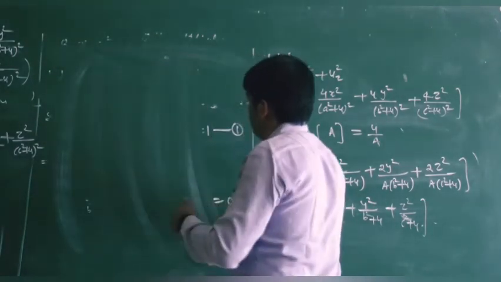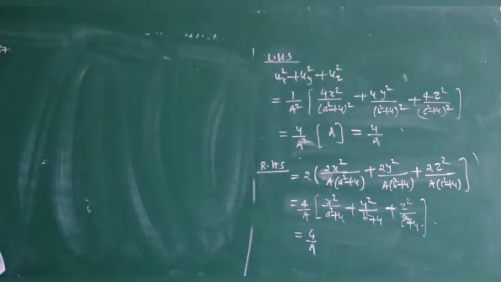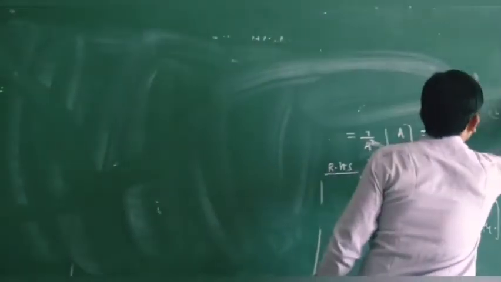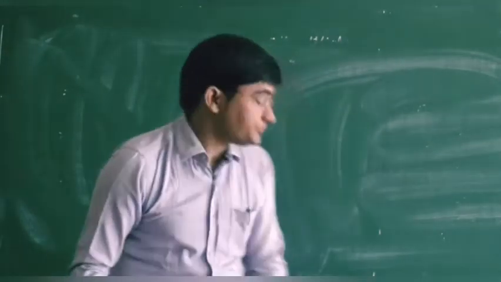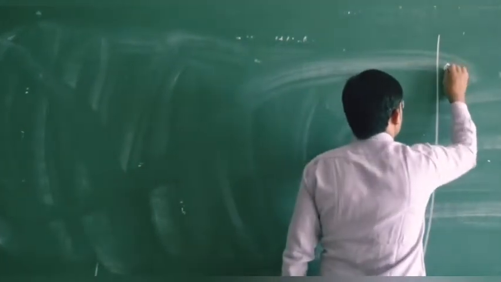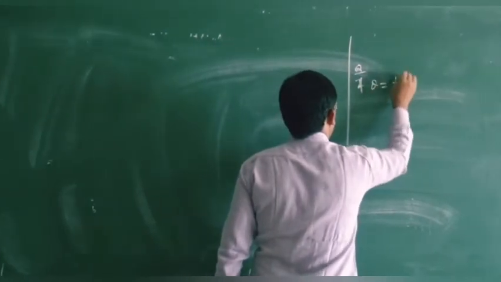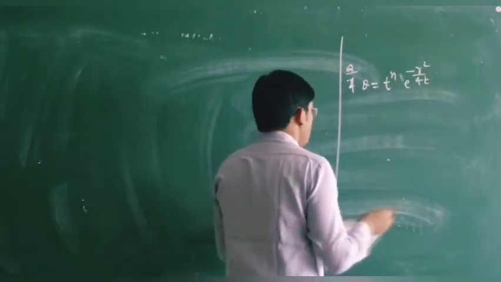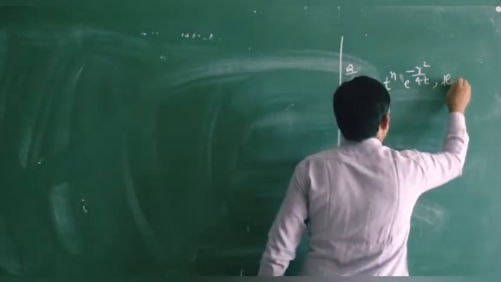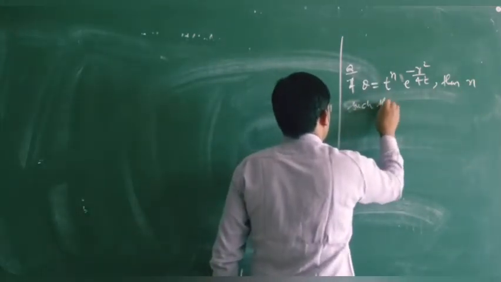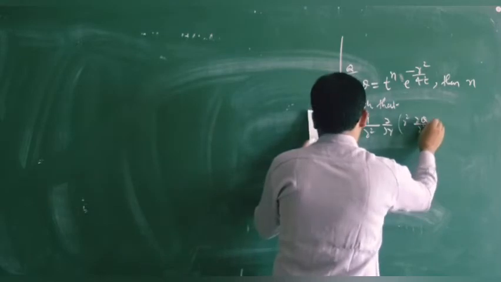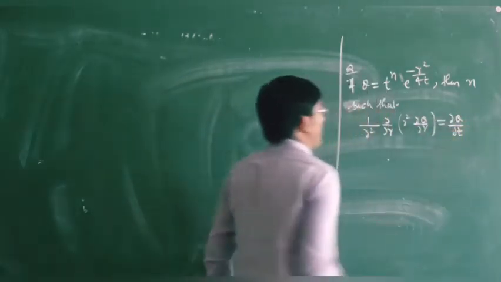The next question. Our next question is, if θ is equal to tⁿ e^(−r²/4t), then find n such that (1/r²) ∂/∂r (r² ∂θ/∂r) holds.